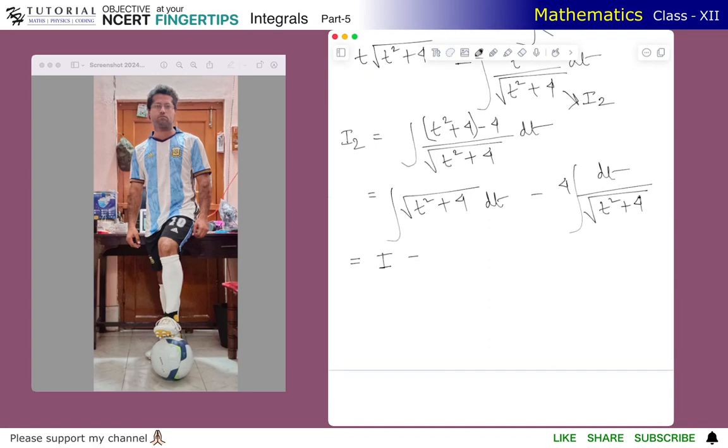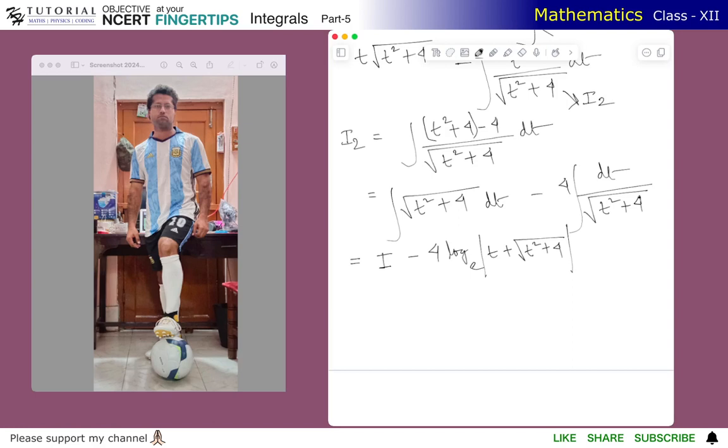What is the standard result for 1 by square root of x square plus a square? This is log of t plus root over t square plus 4.